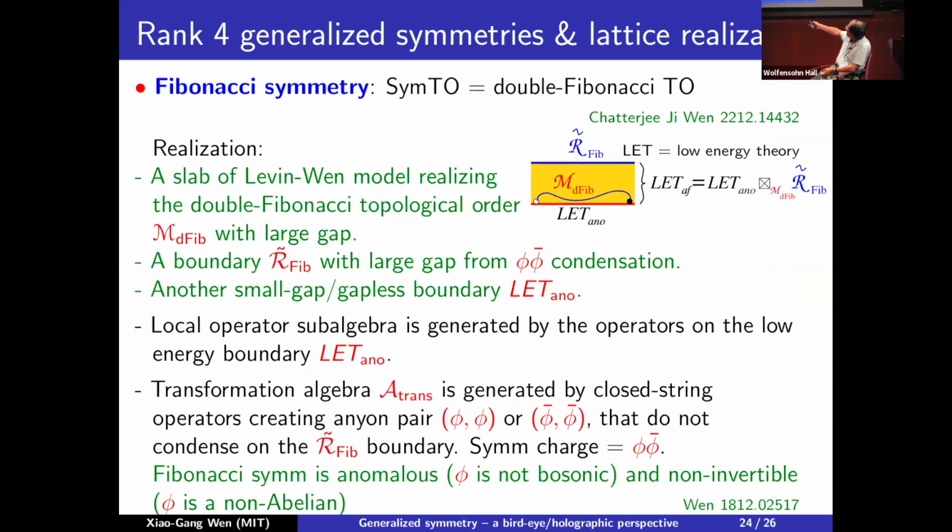The bulk is a double Fibonacci. Then the string operator that creates a Fibonacci anyon is really realizing this non-invertible symmetry, because the end of this string is a non-abelian Fibonacci anyon, so this is a non-invertible symmetry.